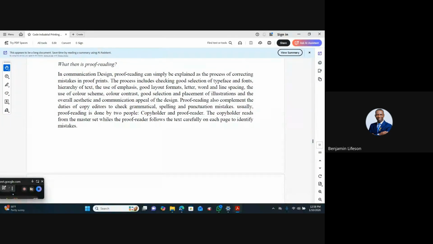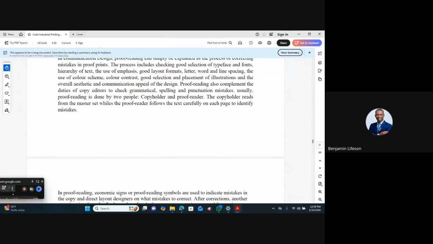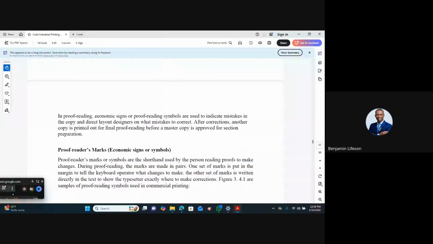And normally it is done by two people, the copy holder and the proofreader. The copy holder reads from the master set, while the proofreader follows the text carefully on each page to identify the mistakes. All right. So let's go.